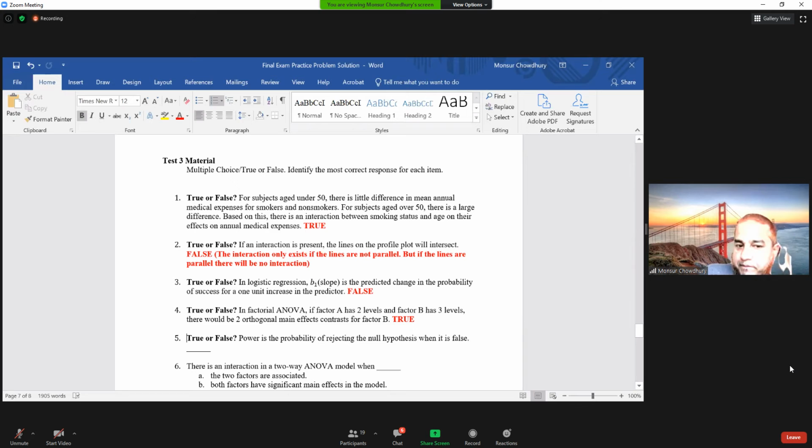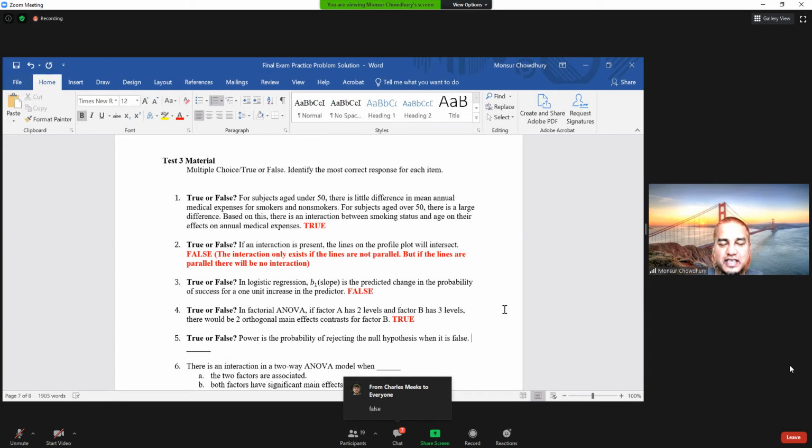Now question 5. Power is the probability of rejecting the null hypothesis when it is true. Sorry, when it is false. Is it true? What is power? The power is the probability of correctly rejecting the null hypothesis. So what do you think?